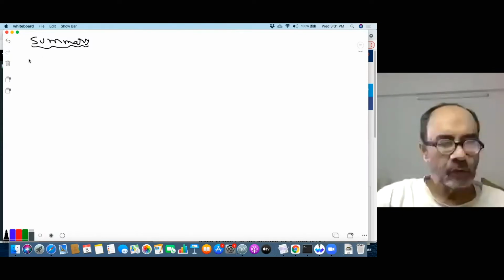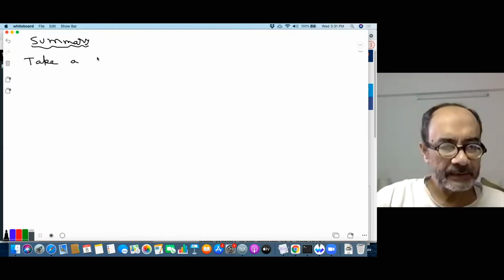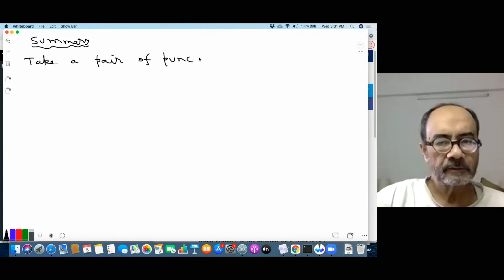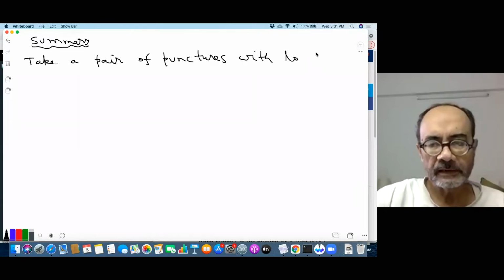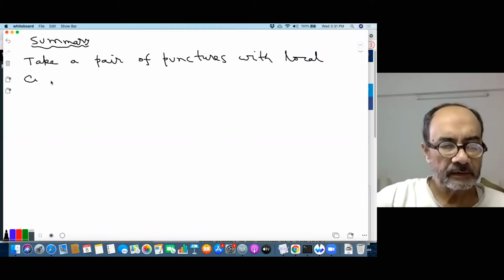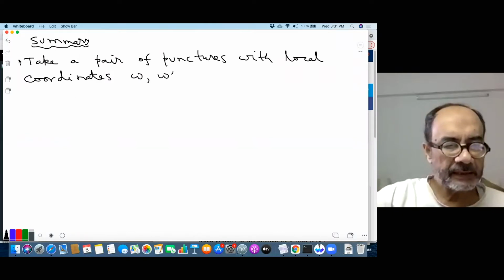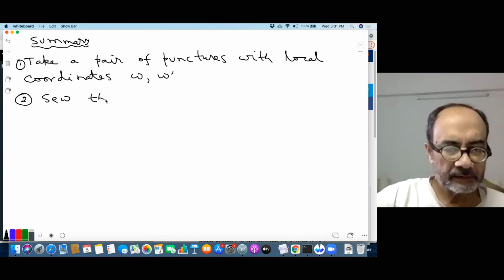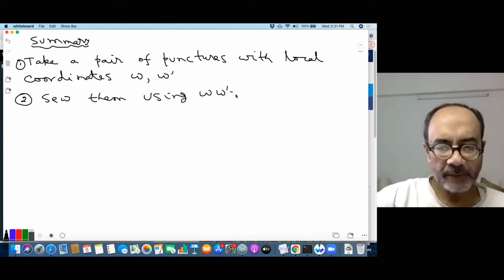We took a pair of punctures with local coordinates w and w prime, and then we sew them together using w w prime equal to minus q.